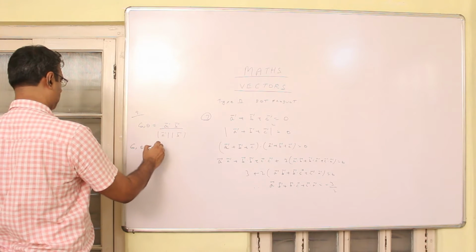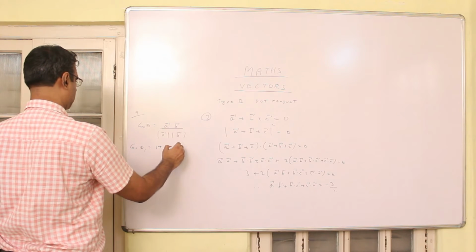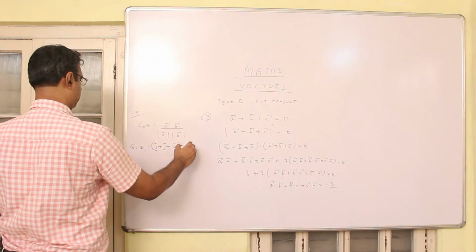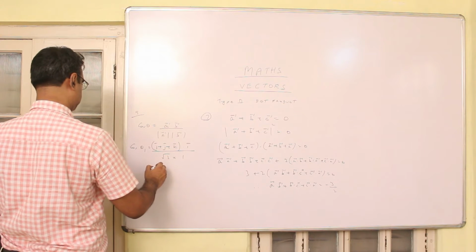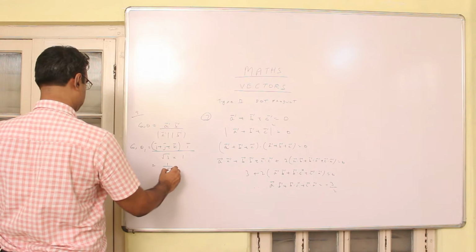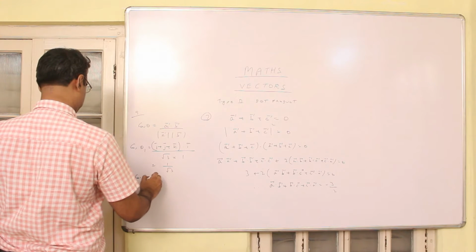So you can say cos theta 1 is I plus J plus K dot I by root 3 into 1. So the answer is coming 1 by root 3.